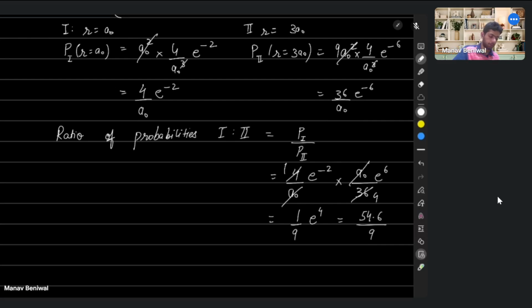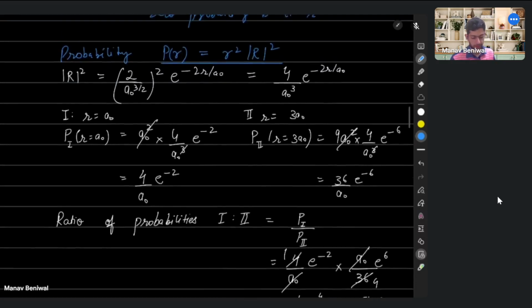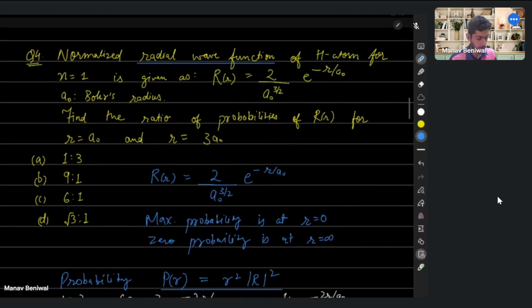So this comes out to be very close to 6:1. Let's see if it is matching with any of the options. It is matching with option C. 6:1.